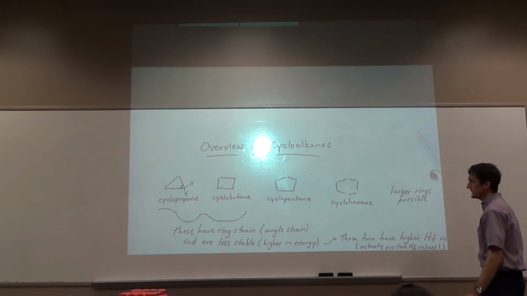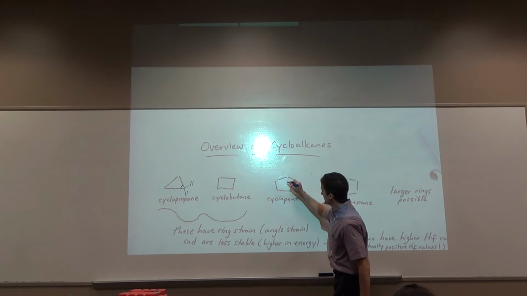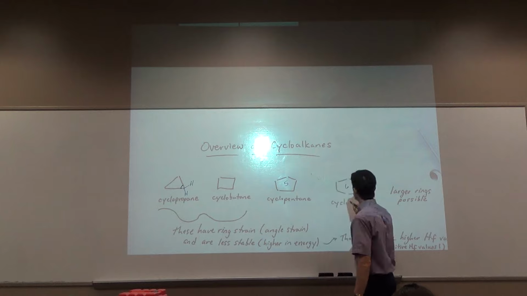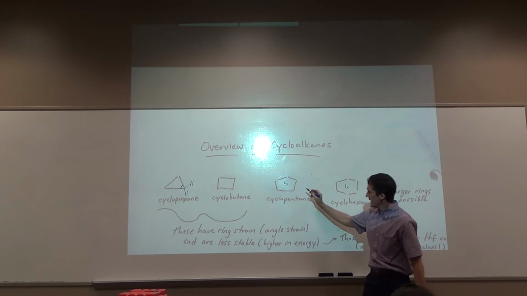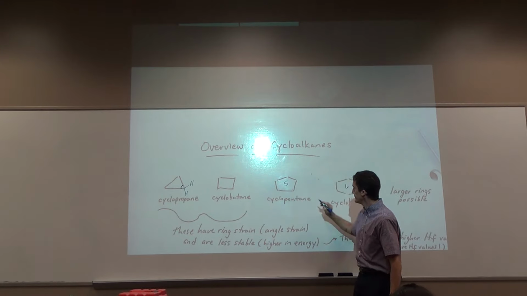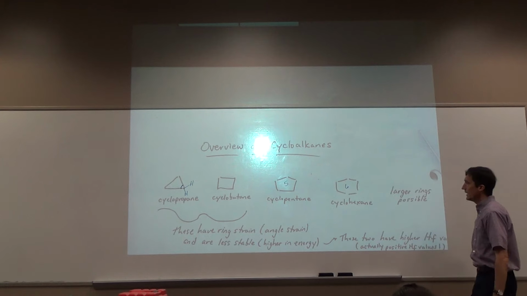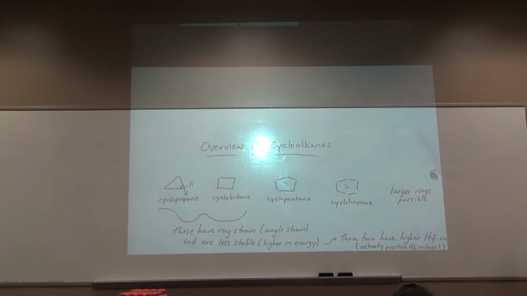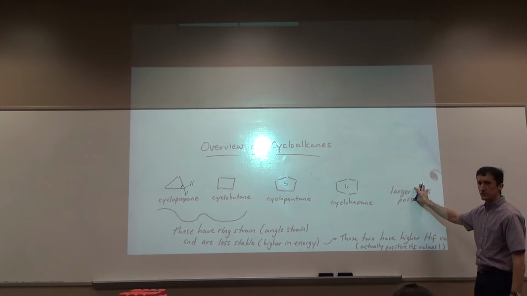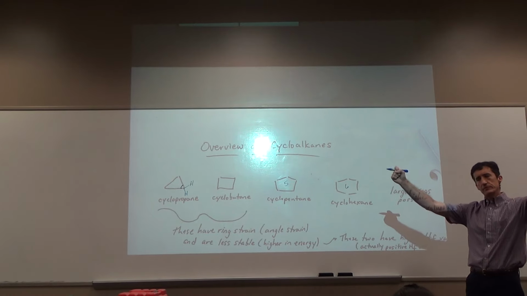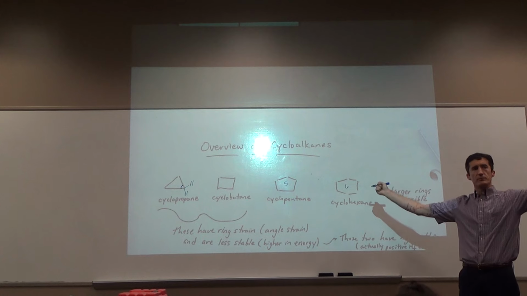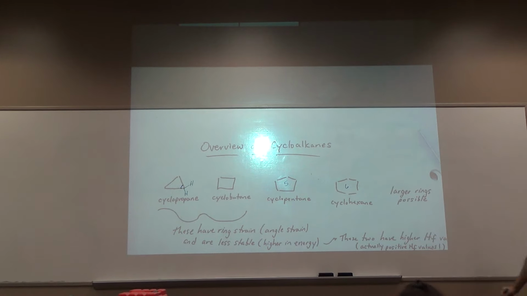Your best size rings are your 5 and 6. These actually have the closest to 109.5, and 5 or 6 are your best size rings. I don't show any larger ones, but when you get larger, your bond angles actually have to spread open. And that makes them not as good.